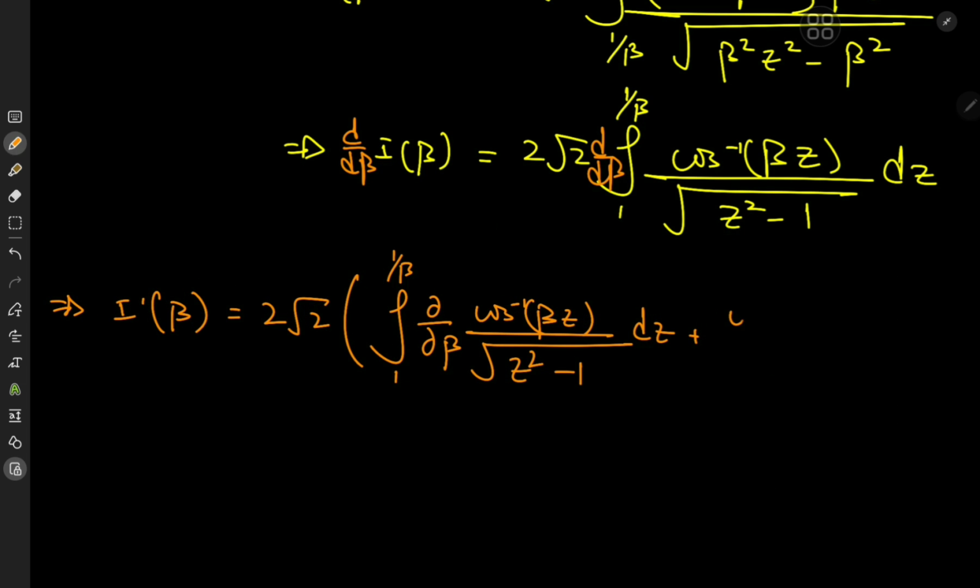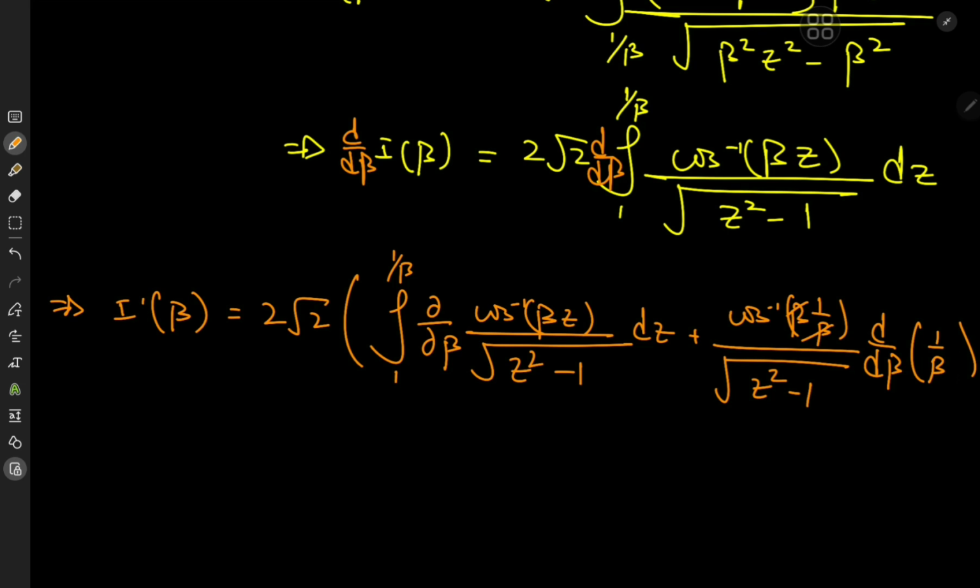We have inverse cosine of beta times 1 by beta, so some nice cancellation taking place, divided by root z squared minus 1 times the derivative with respect to beta of 1 by beta. And we also need a negative sign here, and the integrand evaluated at the lower limit, but the lower limit is a constant, so once we differentiate that with respect to beta, we're just going to get a big fat 0, so that takes care of itself.